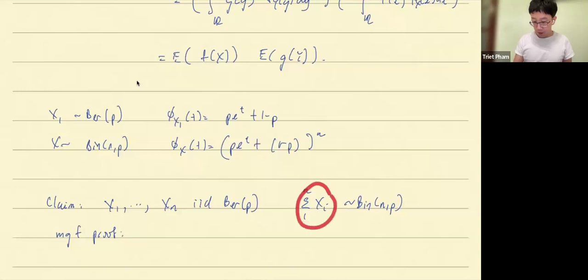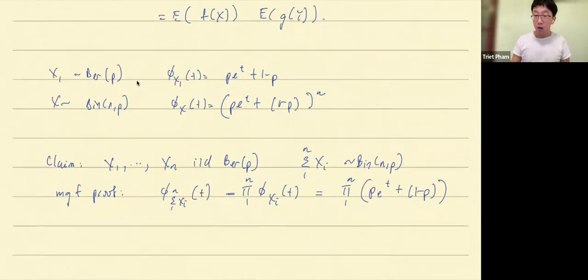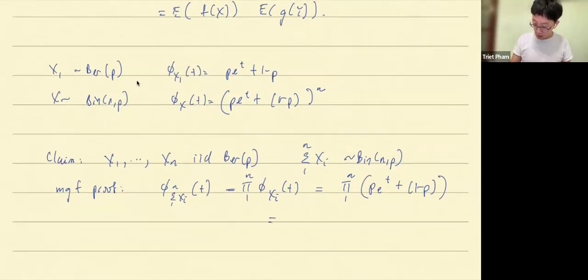The moment generating function of the sum is the product of the MGFs. Each of these will be the same, and of course that will be the nth power of that.